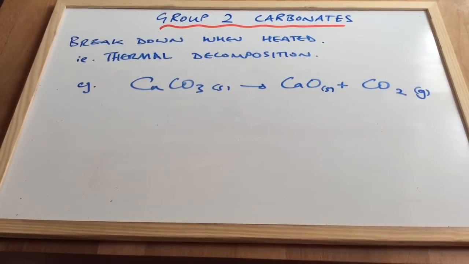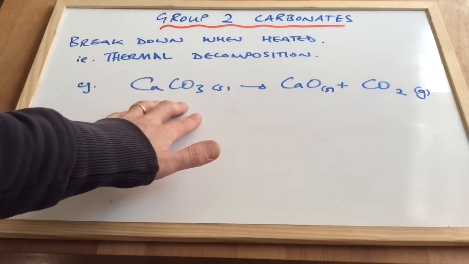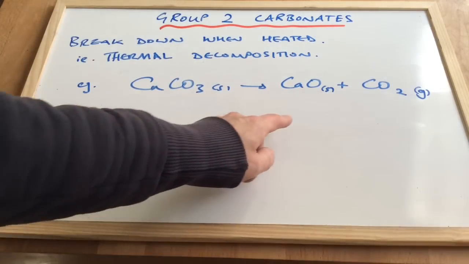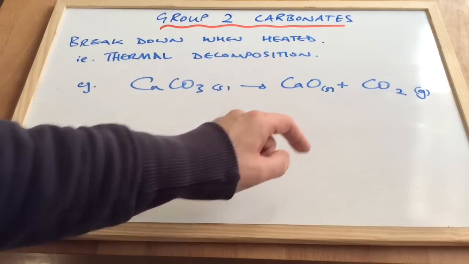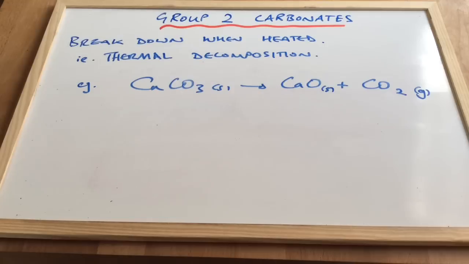The other group 2 carbonate reaction that we need to know about is what happens when you heat them up. They break down when you heat them, and obviously this is an example of thermal decomposition, broken down by heat. So there's the example I've chosen for the video, calcium carbonate. When you heat that up, the solid calcium carbonate turns into solid calcium oxide, and CO2 gas is also produced.